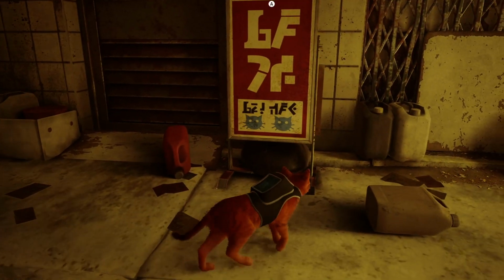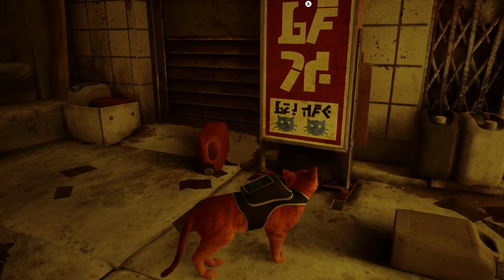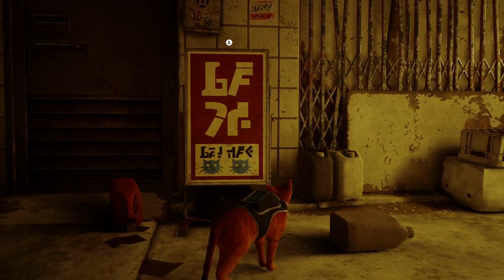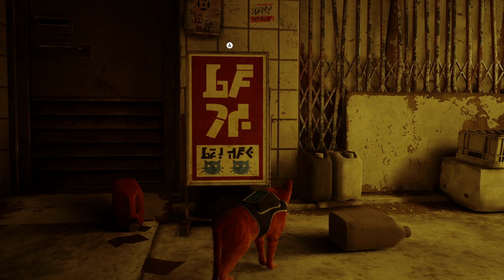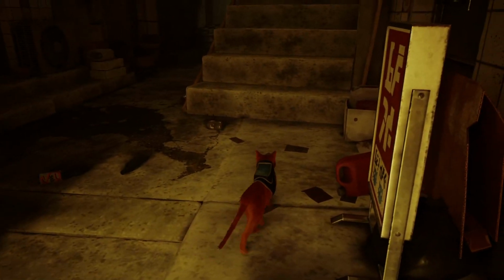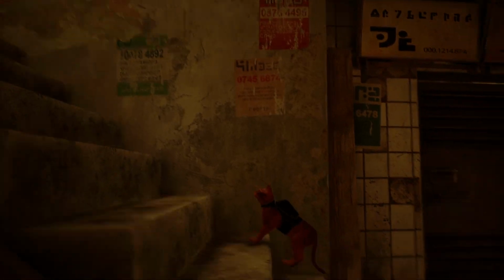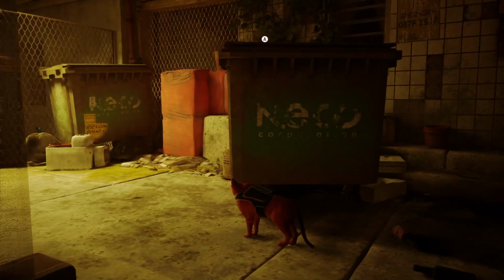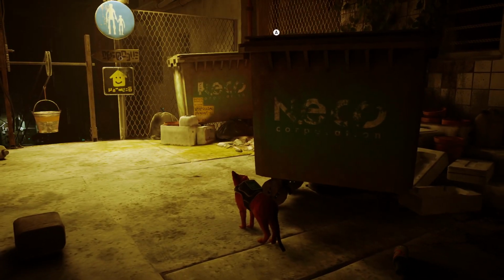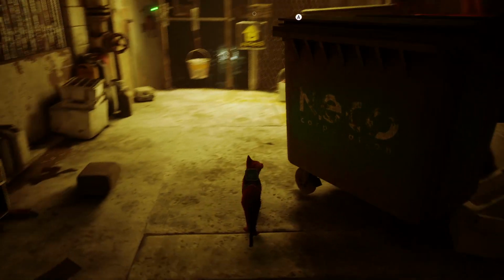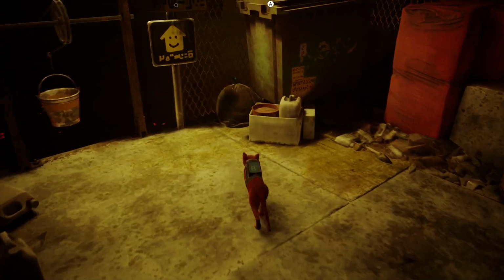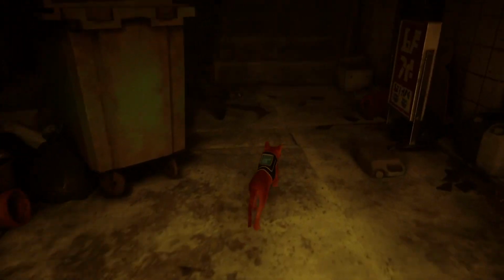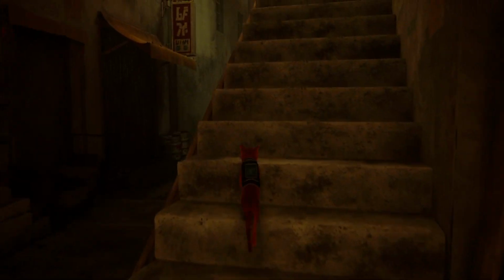Yeah, so I think this is kind of the other alphabet here. And there's no Rosetta Stone that you can use like they do with the capital letters. I believe that says Neko Corporation, which is kind of a pun because Neko is the Japanese word for cat.